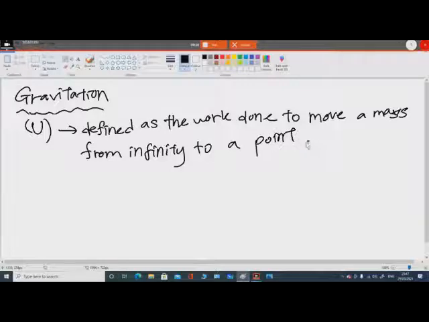This is how we explain the definition of gravitational potential energy. Okay, let's move to the next part.